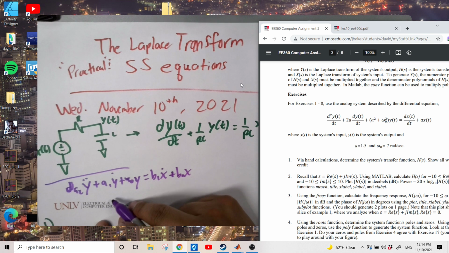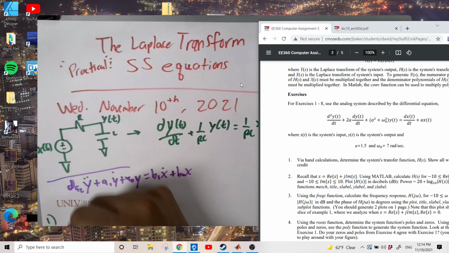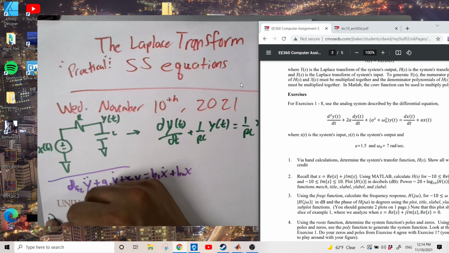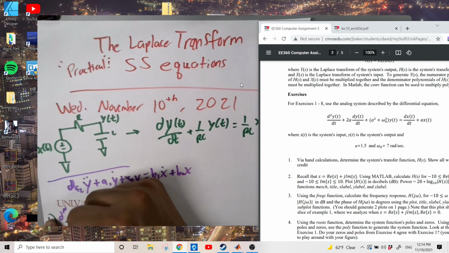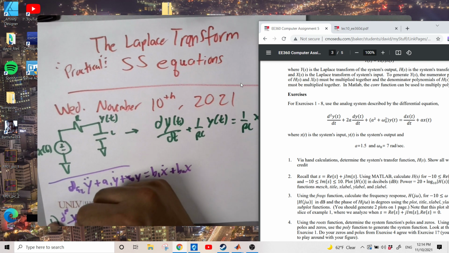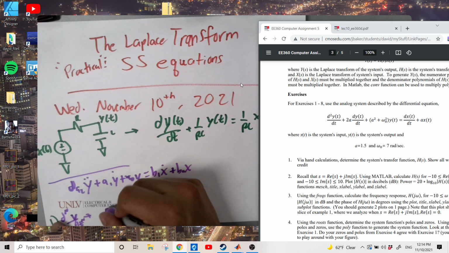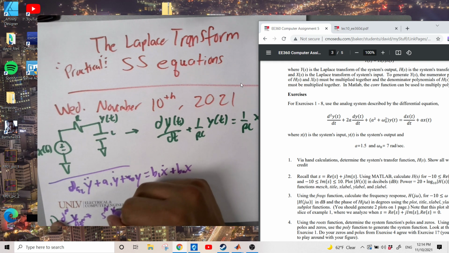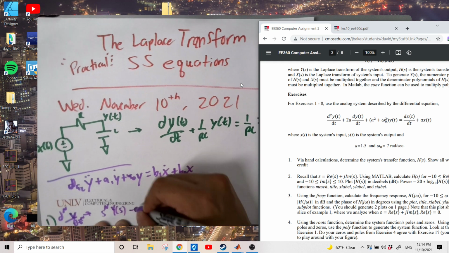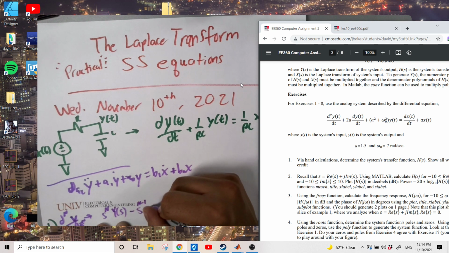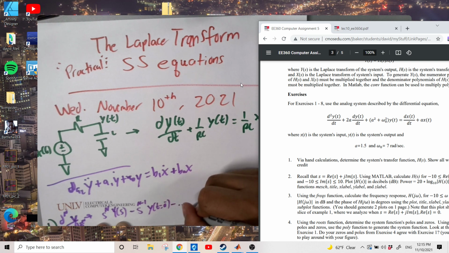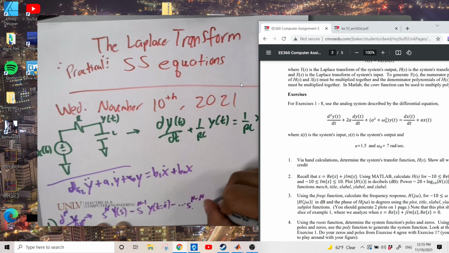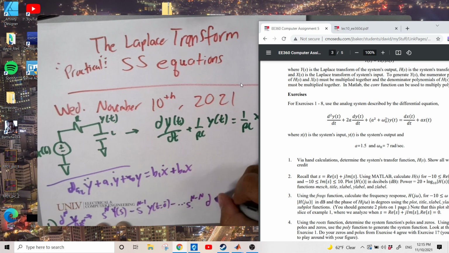So if you wanted to represent this in the Laplace domain, the little rule that we came up with is that, depending on the nth derivative d^n y over dt^n, you can convert this into s to the n times Y of s, minus s to the n minus 1 times y of 0, and so on, down through the derivatives of y at 0 up to order n minus 1.